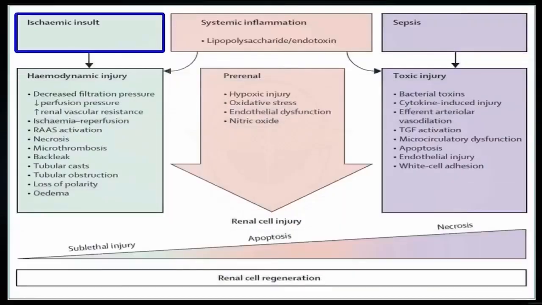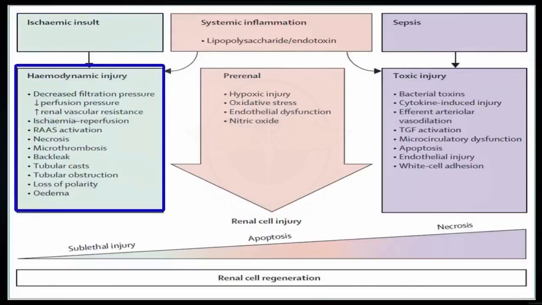So when there's an ischemic insult, there is hemodynamic injury causing decreased filtration pressure, decreased perfusion pressure, and increased renal vascular resistance, causing ischemia, reperfusion injury, renin-angiotensin aldosterone system activation, necrosis, microthrombosis, back leak, tubular casts, obstruction, loss of polarity, and edema.